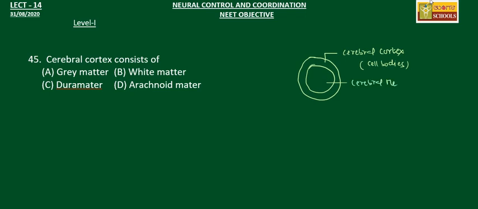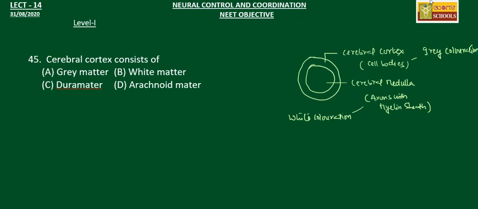medulla region. So this will consist of more axons with the myelin sheath, and this myelin sheath gives it a white coloration, whereas the presence of cell bodies will give it a gray coloration.